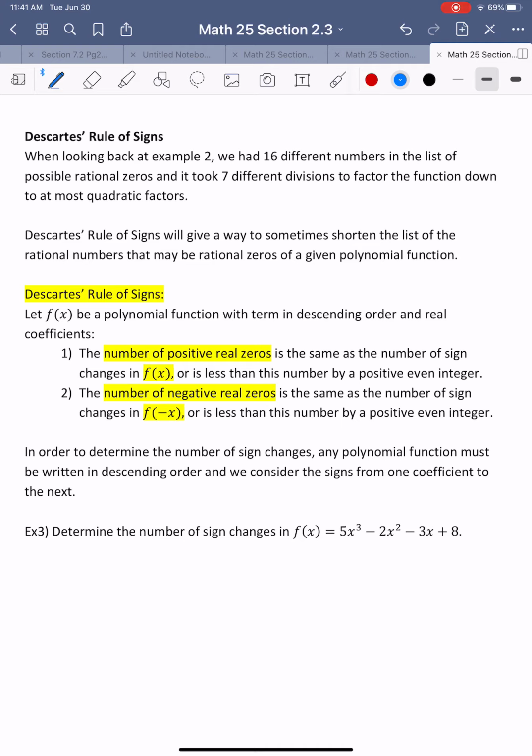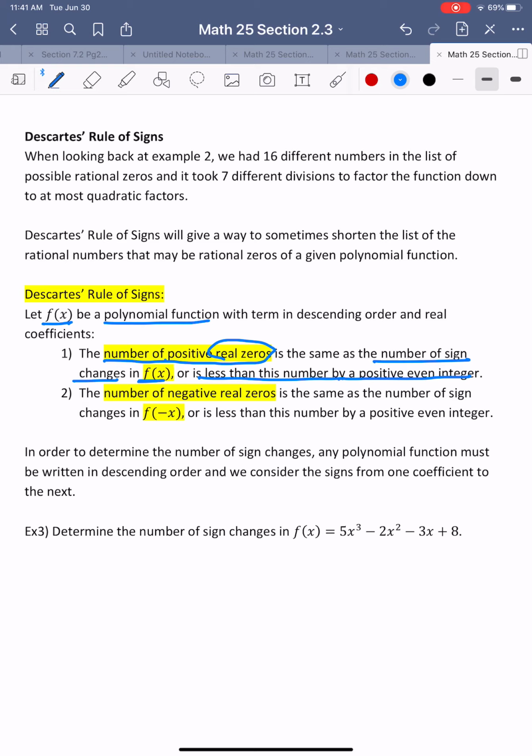So Descartes' rule says that if the function is a polynomial function with terms in descending order and real coefficients, then we can find the number of positive real zeros of f of x using the number of sign changes, or less than that number by a positive even integer, okay?